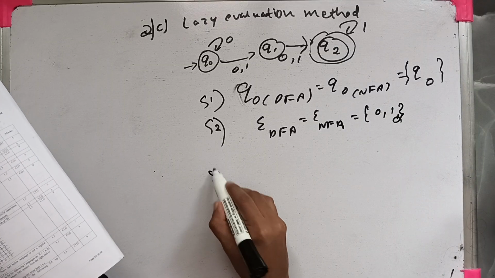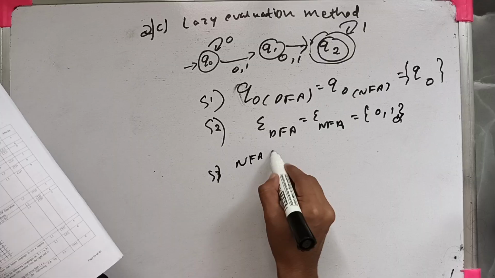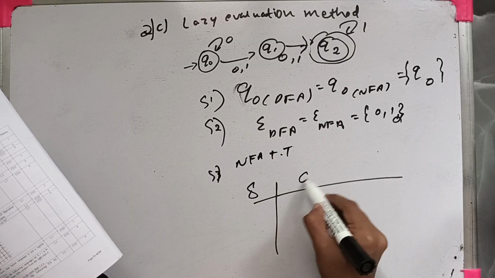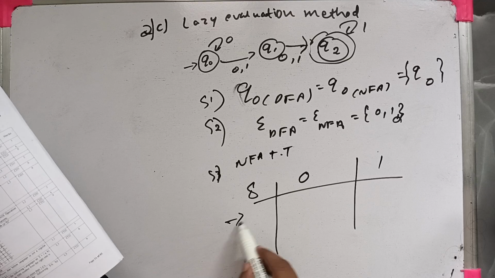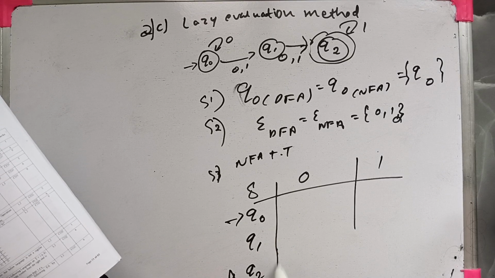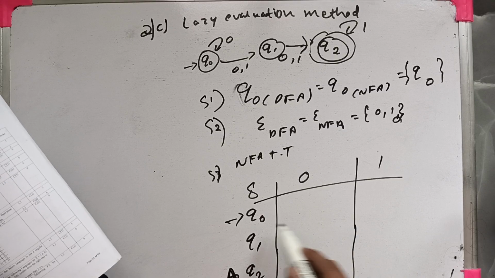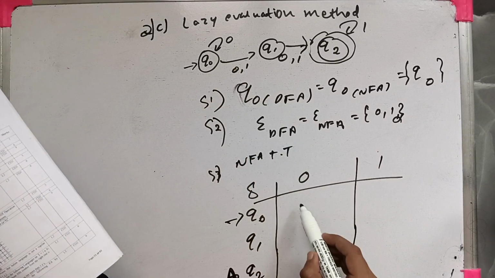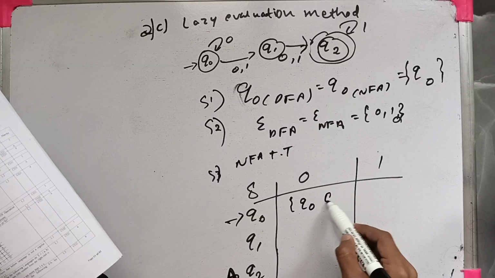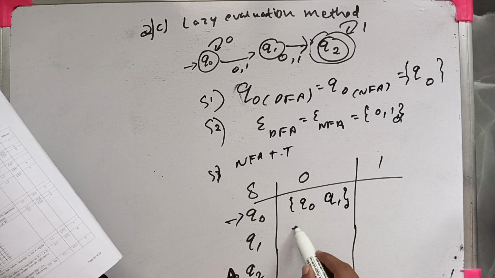In step number 3, we need to make the NFA transition table, correct? So, 0 and 1. Q0 is the start state, Q1 and Q2 are final states. Okay. Q0, if a 0 comes, then it goes to Q0 and also Q1 because this is an NFA.